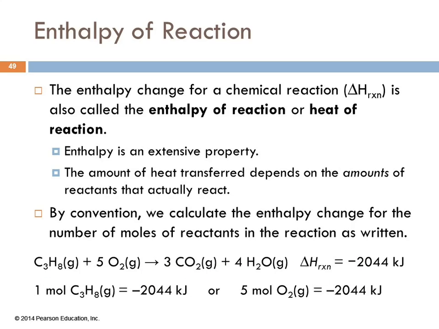And so this becomes a useful conversion factor for figuring out how much energy would be given off if you burned 5 moles of this. So we can say that 1 mole of propane is equal to minus 2,044 kilojoules of energy being given off. Or 5 moles of oxygen is equivalent to minus 2,044 kilojoules of energy being given off. Any questions?